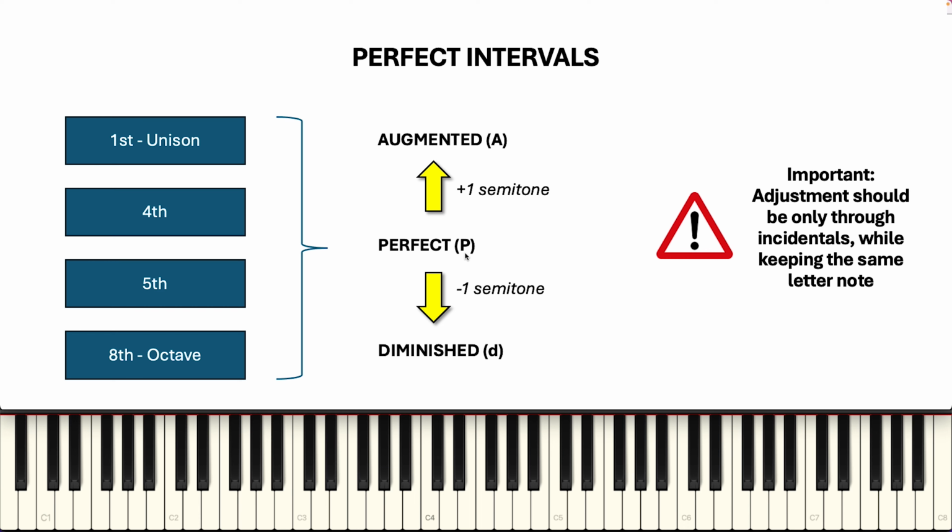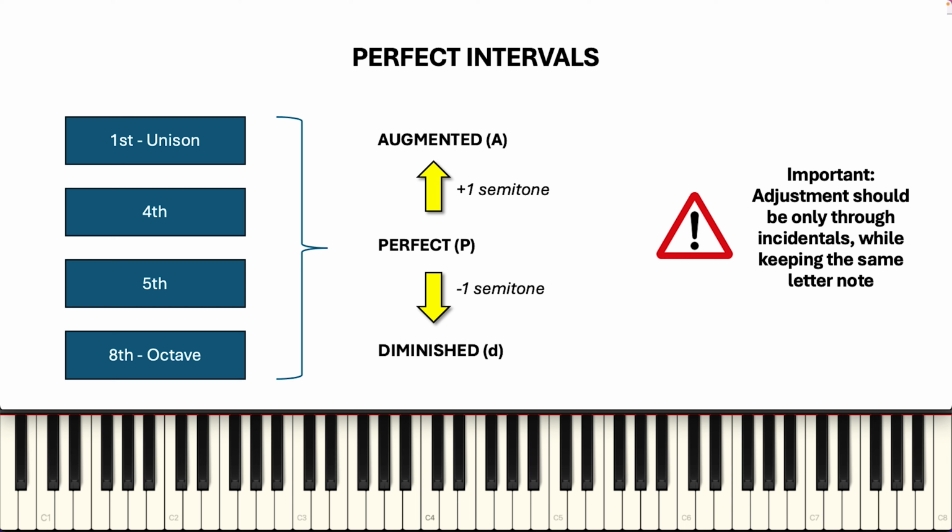The perfect, we write it with a capital P, augmented with a capital A, and diminished with a lowercase d. So for example, a perfect unison would be P1, P being perfect and 1 being the first. Perfect fourth would be P4, and so on. Augmented unison would be A1, diminished eighth would be d8, etc.